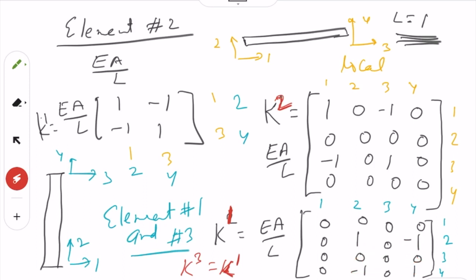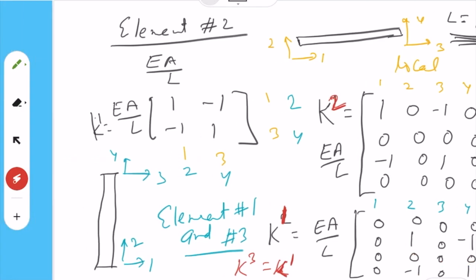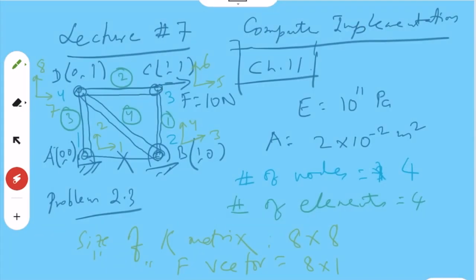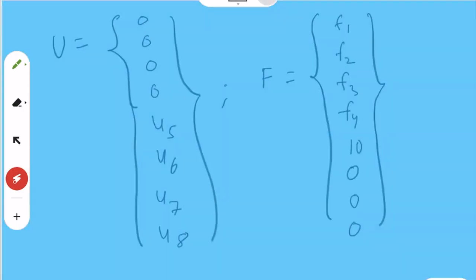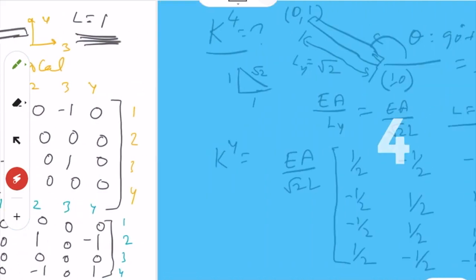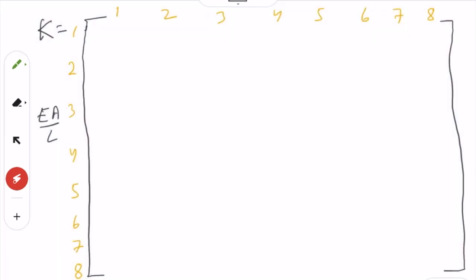So this is 3, 4, 5, 6. So 4 and 6. So 4, 4, 4, 6, 6, 4, 6, 6. And the same thing you can see here as well: 4, 6, 1 minus 1, 1 minus 1, minus 1, 1 system. So you got that. So we can write straight away in the 4, 6 location. So this is 4, this is 6.